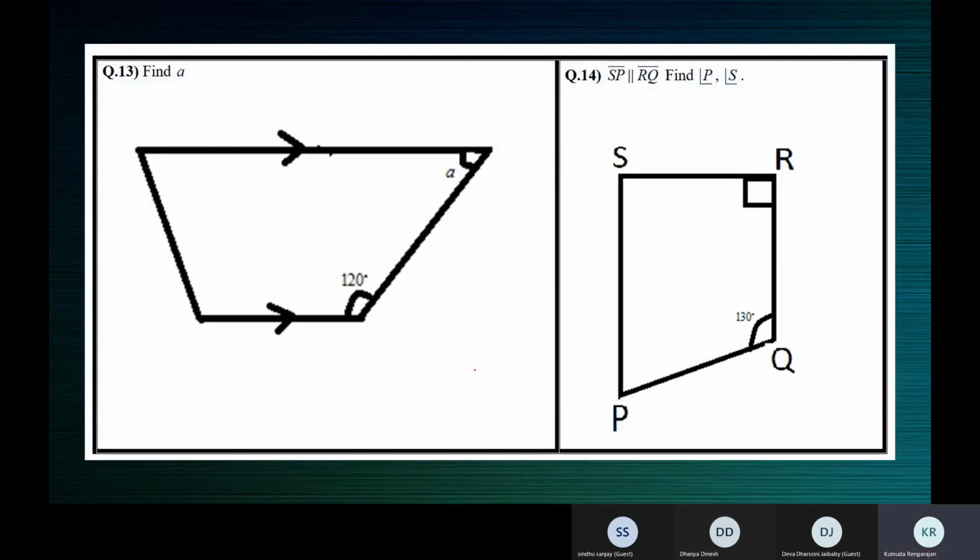Find A. In question number 13, find A. Clearly the figure is a quadrilateral, and you can see one pair of opposite sides is marked parallel.